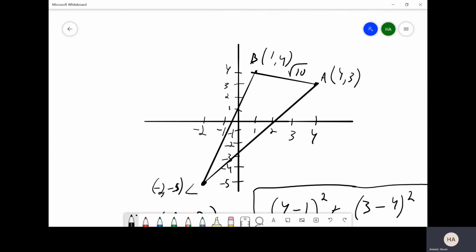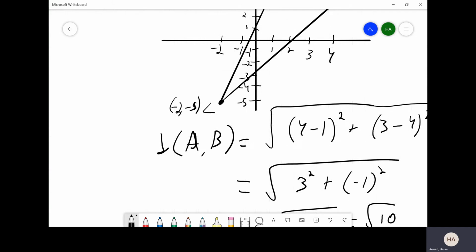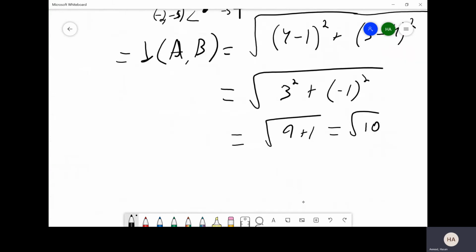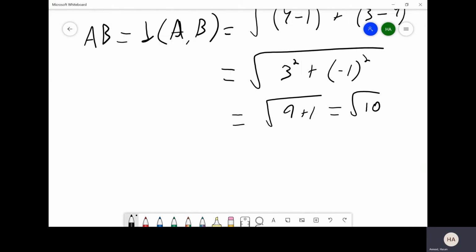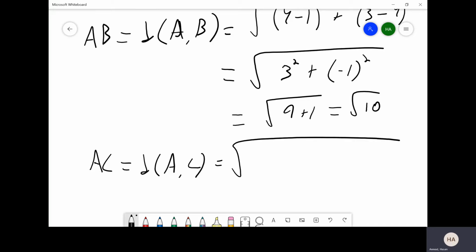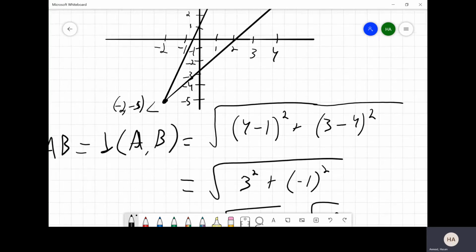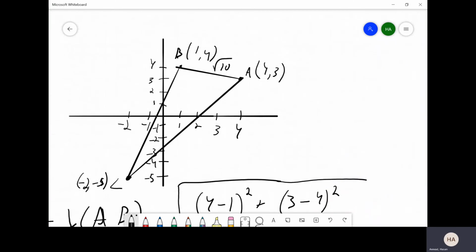Okay, we now have to repeat this 2 more times, but now we're going to do side BC and side AC. Okay, so side BC, and we can even label these. So this is the side AB, and let's do the side AC now. So AC is going to be the distance between points A and C. And so we have the square root of, once again, I'm just going to remain consistent and have A be the components that go first.